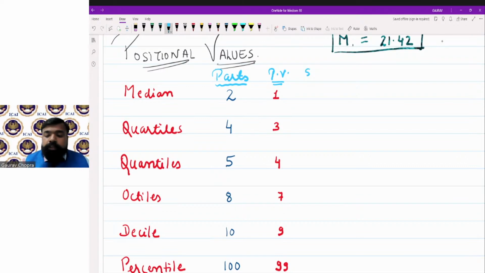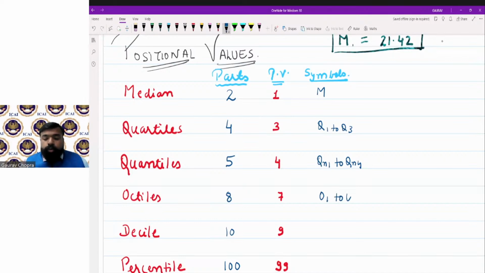So what are the notations, the symbols? For median, it is M. For quartile, it is Q, from Q1 to Q3. Quantile will be Qn1 to Qn4; there are four quantiles.